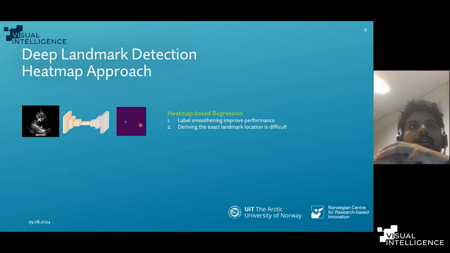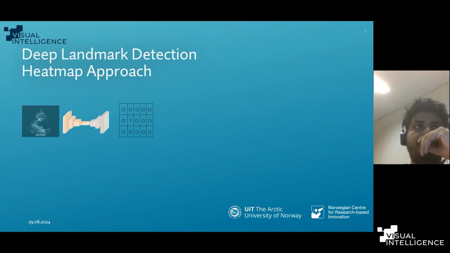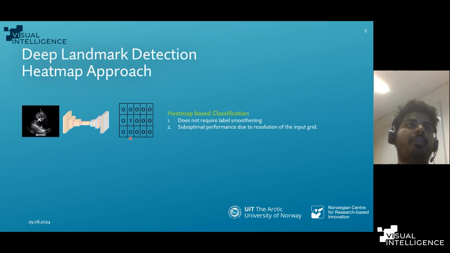But the issue with label smoothing in heat map based regression approaches is that oftentimes neural networks don't predict perfect heat maps, and deriving the exact landmark location becomes difficult from the imperfect heat maps. So people have tried to do landmark detection using a classification based approach.